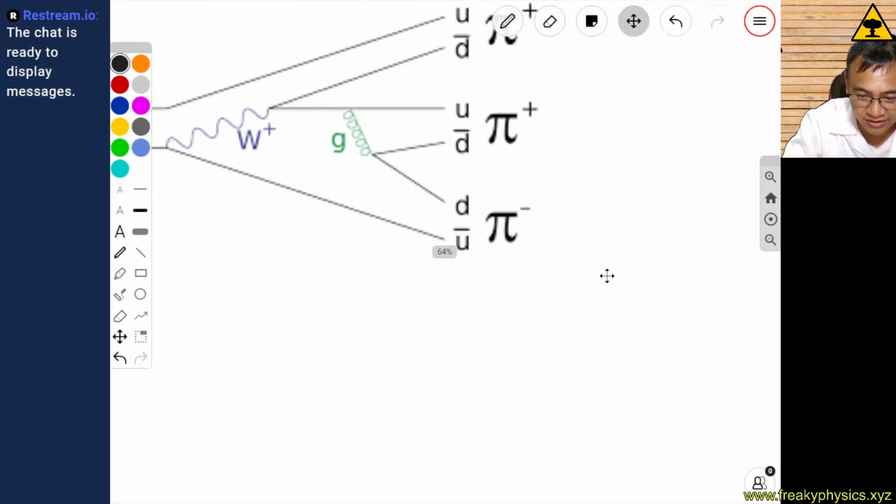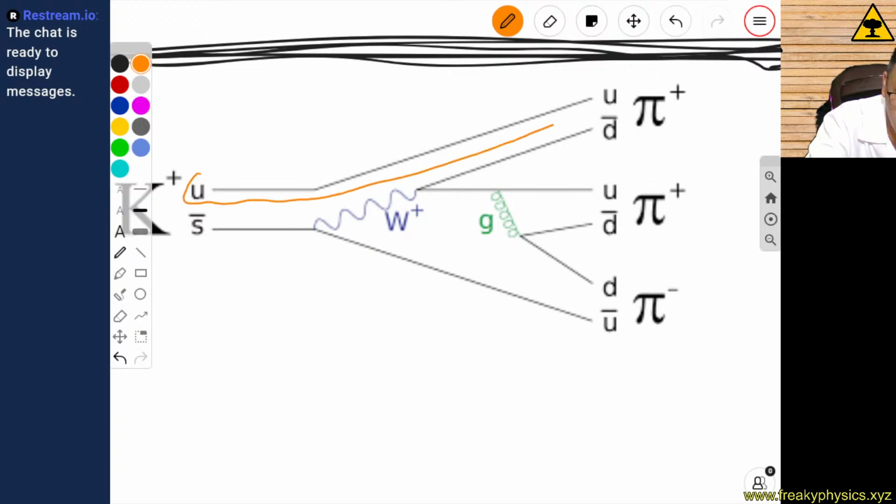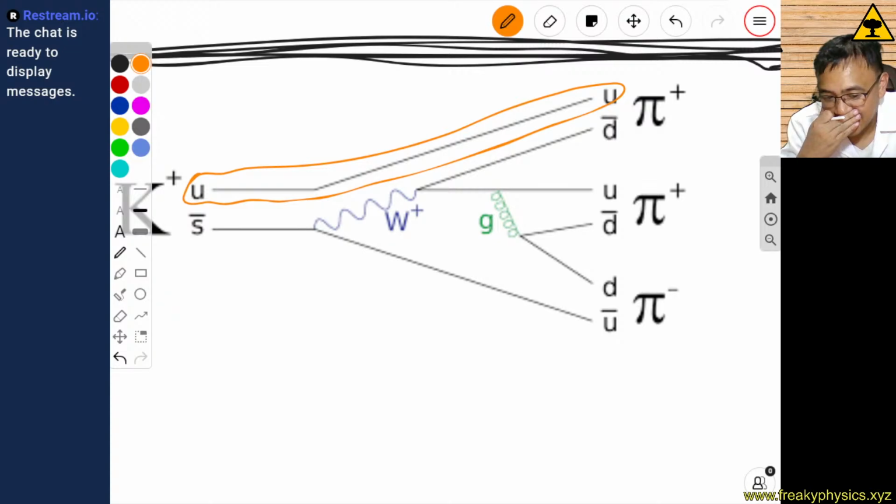So what is happening here? Let's take a look first, one by one. Let's color code this. Looking at the up quark, nothing really happens to it. It stays an up quark. Now let's put the arrows in. This is an up quark, so if we do the Feynman diagram arrows here, they should be pointing to the right if we assume that time goes to the right.